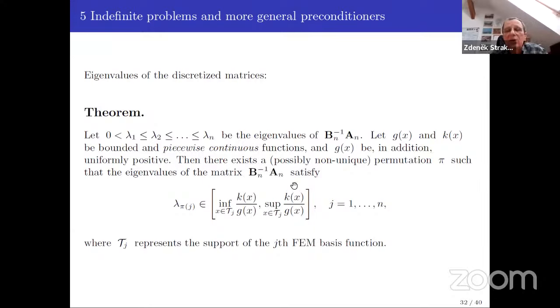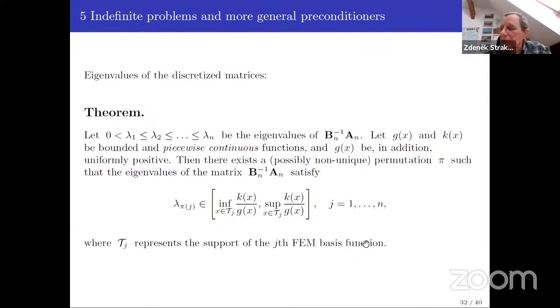And then there is this pairing between the supports, between these intervals and the individual eigenvalues. That means, again, we can bound a priori the eigenvalues of the discrete preconditioned matrices just by looking at the values of these functions K and G over the domain.